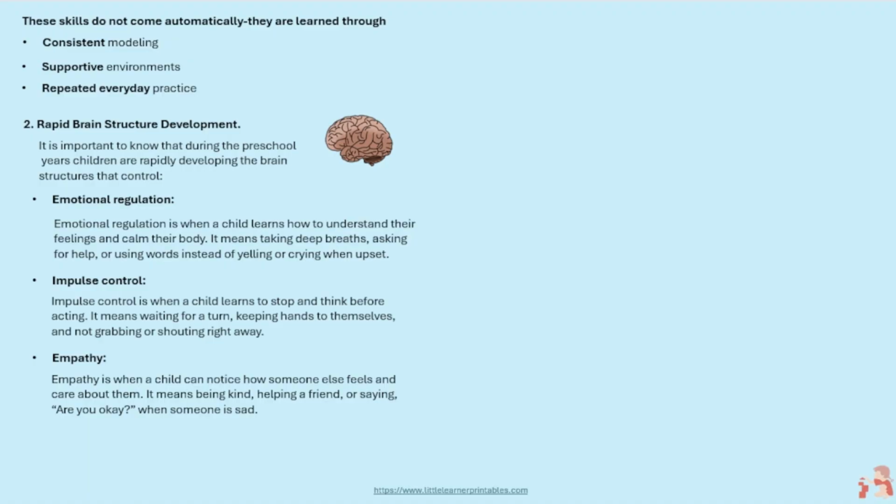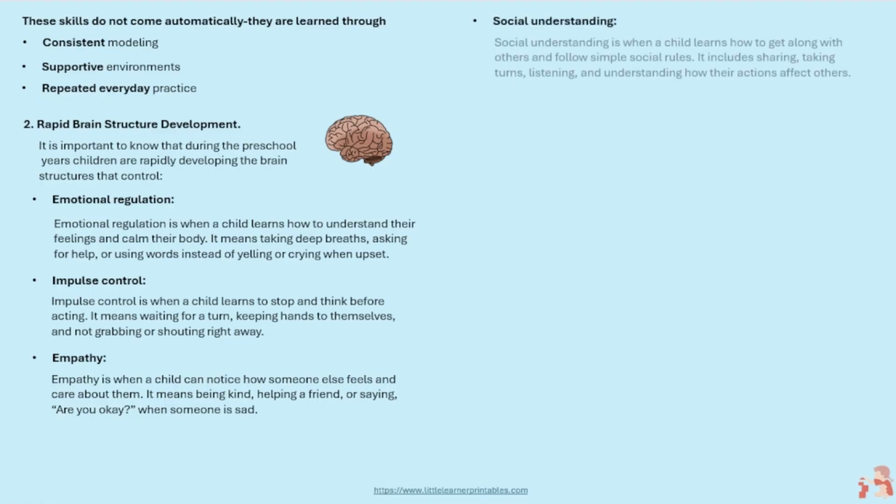It means being kind, helping a friend, or saying, "Are you okay?" when someone is sad. Social understanding is when a child learns how to get along with others and follow simple social rules. It includes sharing, taking turns, listening, and understanding how their actions affect others around them.